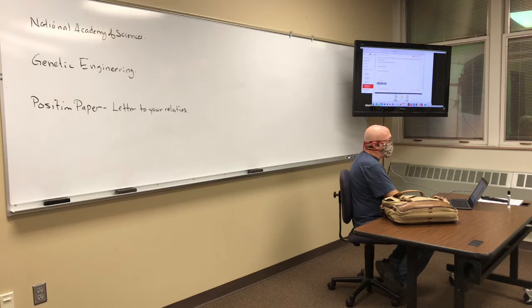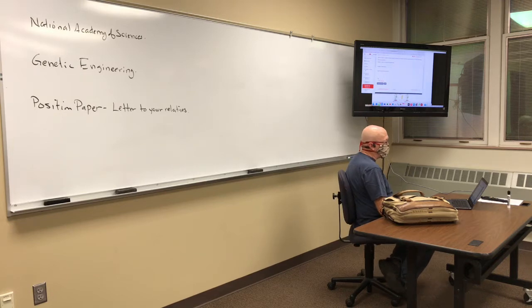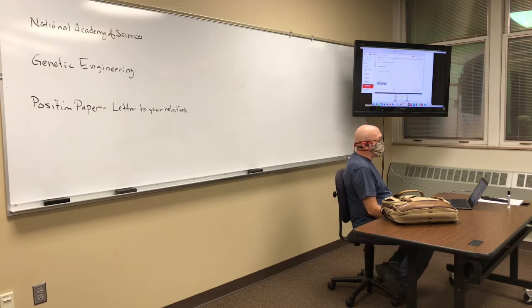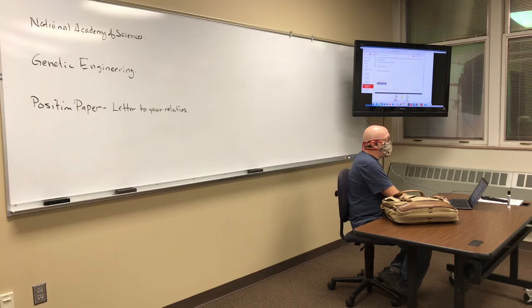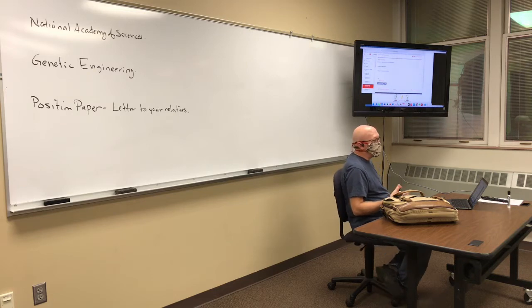You're going to read 4 chapters. You're going to read chapter 3, which is a history of genetically engineered crops from when they started genetically engineering crops up to the year 2015, which is when this report was written. So the report is a little old, but it's not terribly old, and it's still pretty relevant. Then each of you needs to read chapter 4, chapter 5, and chapter 6, because they talk about 3 big categories of potential effects of genetically engineered crops.